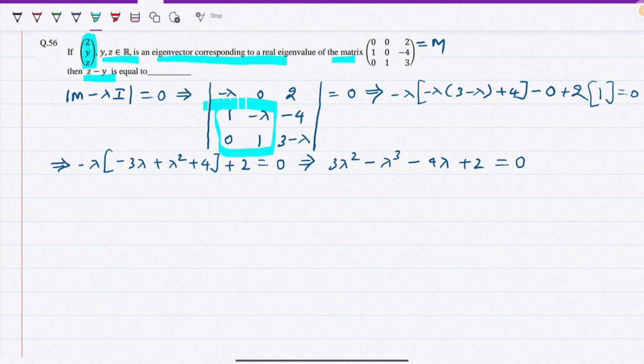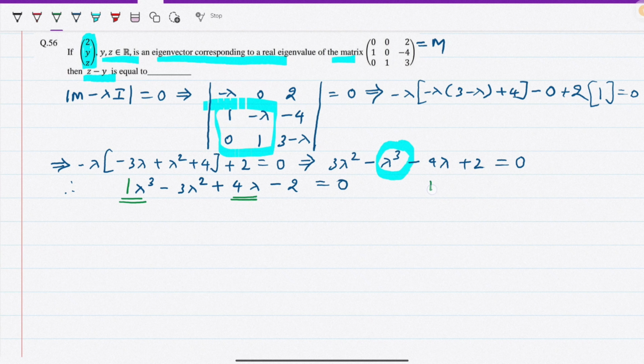Now you can see that the leading term is negative lambda cube and it has a negative sign. So we'll be multiplying the entire equation by minus 1, and also rewrite the equation in descending order of power. So we get that lambda cube minus 3 lambda square plus 4 lambda minus 2 is equal to 0. Now if you observe, the coefficient for lambda cube is 1 and the other odd power of lambda over here has coefficient 4.